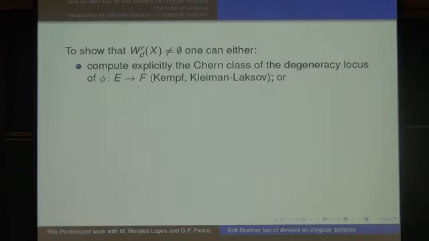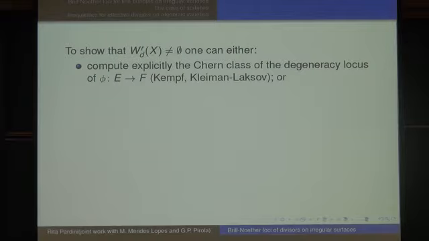Okay, so how does the proof of existence and connectedness go? Then you have this locally free sheaf map, and you want to know what the degeneracy locus looks like.